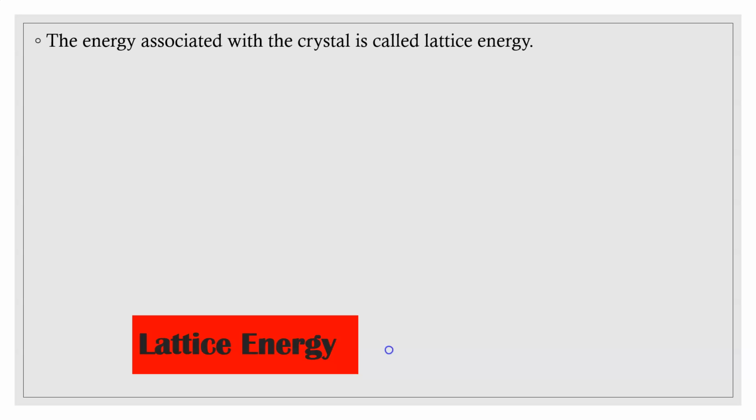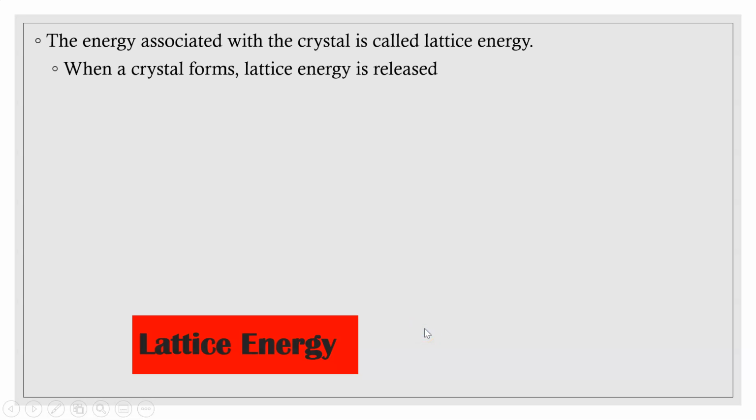All right, so the last idea we're going to take a look at is the idea of lattice energy. So we have this crystal lattice. Well, there's energy associated with the crystal lattice because there's energy associated with all the bonds within the lattice. So, like I said, energy is associated with the crystal lattice, and we call it, appropriately, lattice energy.